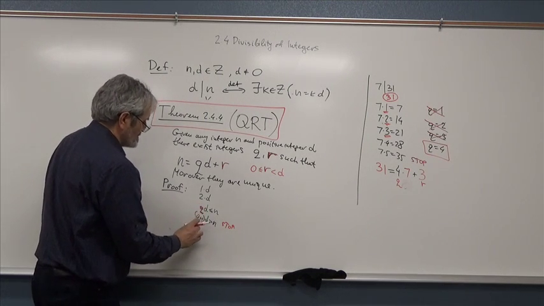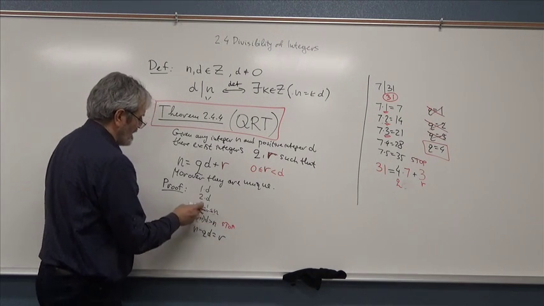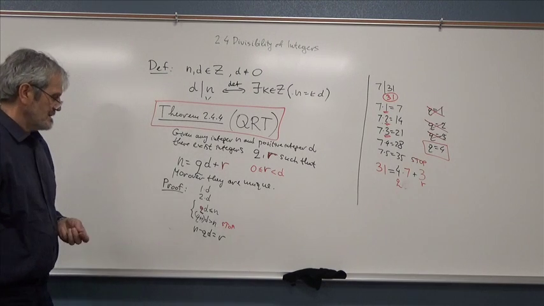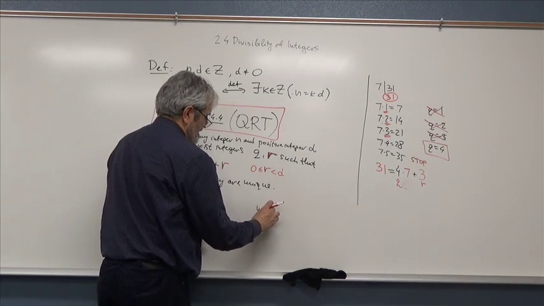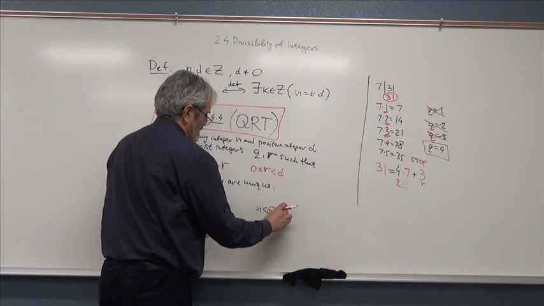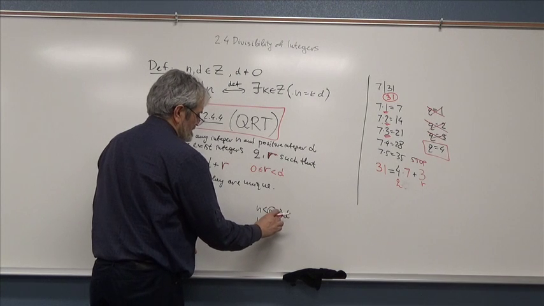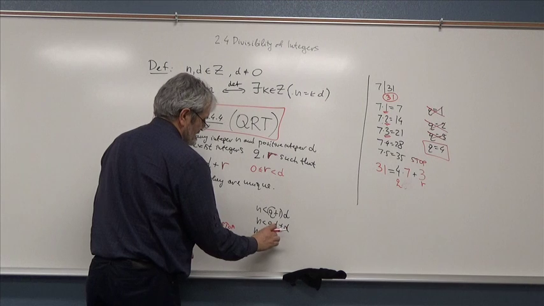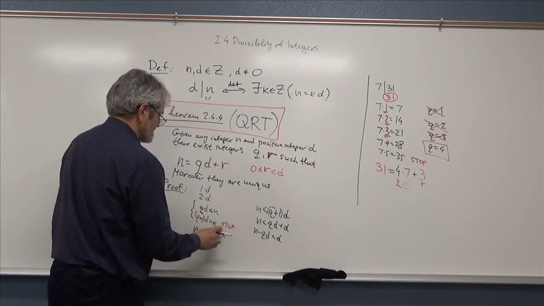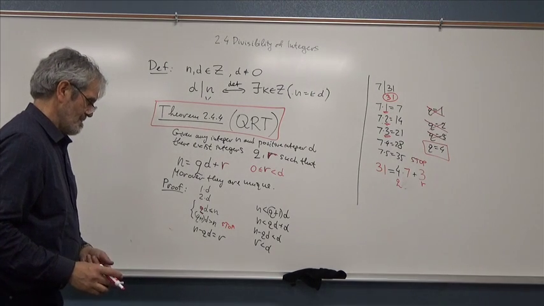And then we just say let n minus qd be r. Because of this, here we'll have what? Since n is less than (q plus 1)d, which is qd plus d, n minus qd is less than d, so r is less than d.